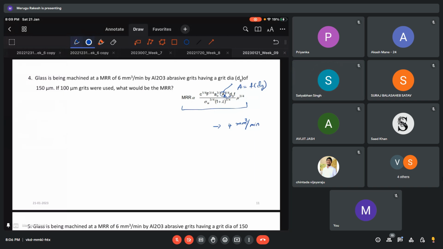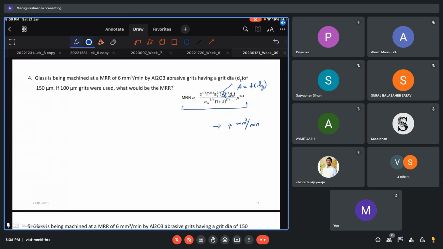Okay sir. And we did not take the effect of all these parameters. Even if you assume small, I think this might be the correct one, but the graph is correct. Initially it will increase, then it will decrease. So one answer I got is 4 mm cube per minute.